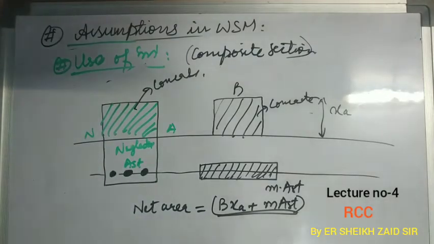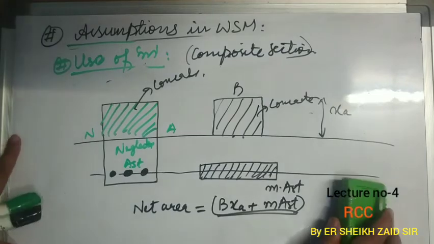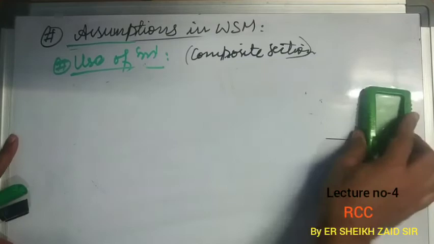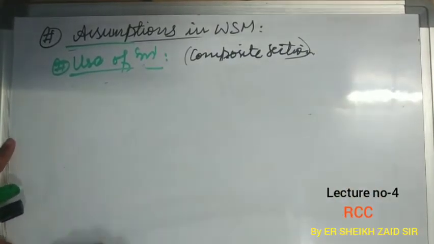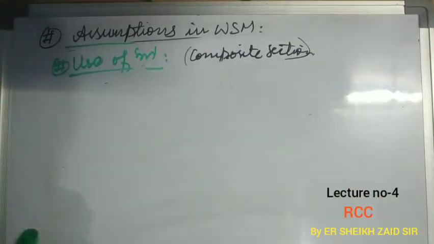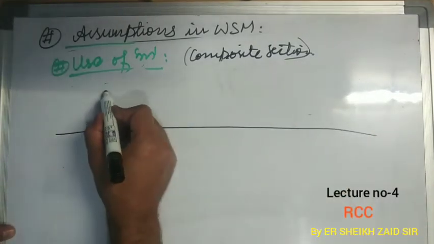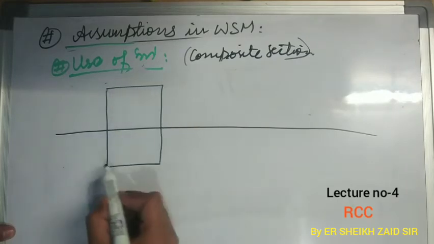Now if I take an uncracked section, we will see what happens. This is your beam cross section.